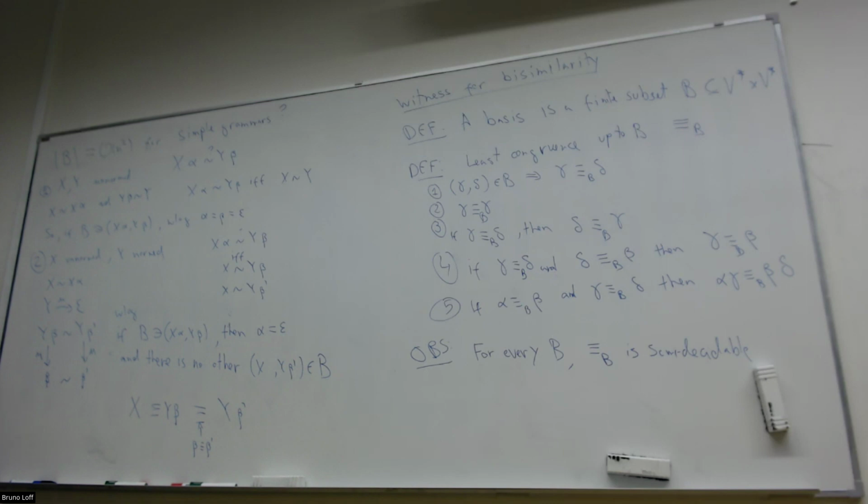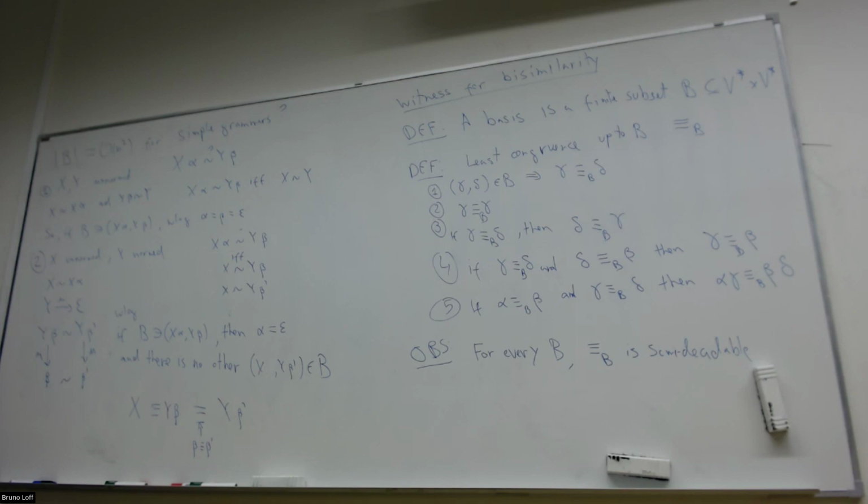Wait, but you've proven that beta is bisimilar to beta prime, you haven't proven that it's B-congruent. Yeah, exactly. But the point is, if your basis is large enough, if your B is enough for bisimulation, then you just need one of them to prove the other ones. Oh, I see.